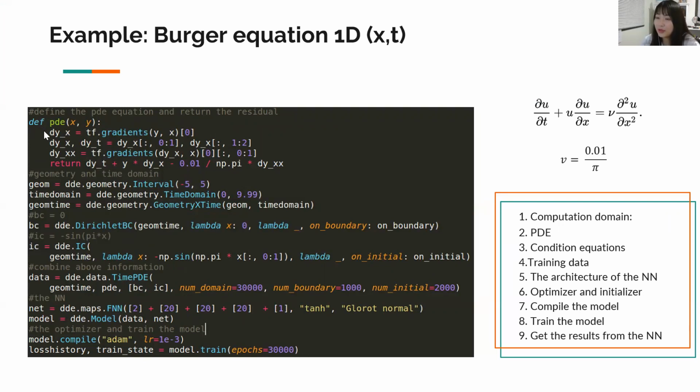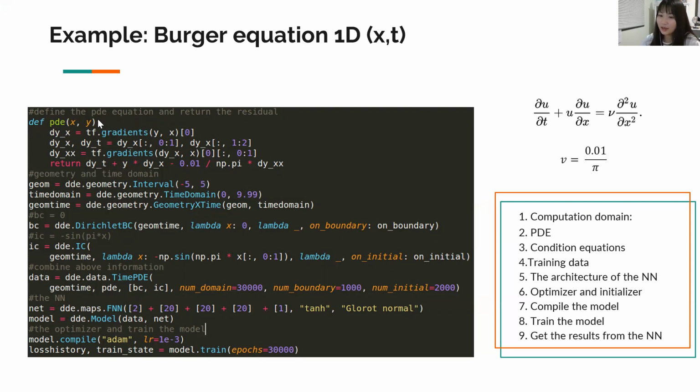So in the PDE definition part, we just use this part minus the left-hand side. As we can see here, it's partial u over partial t plus u, which is y in my code.